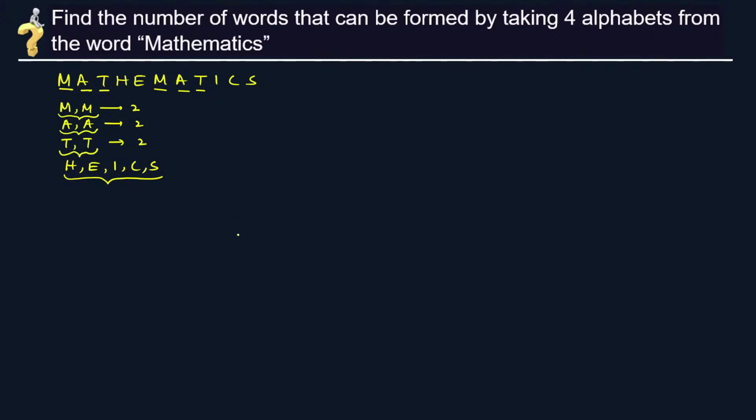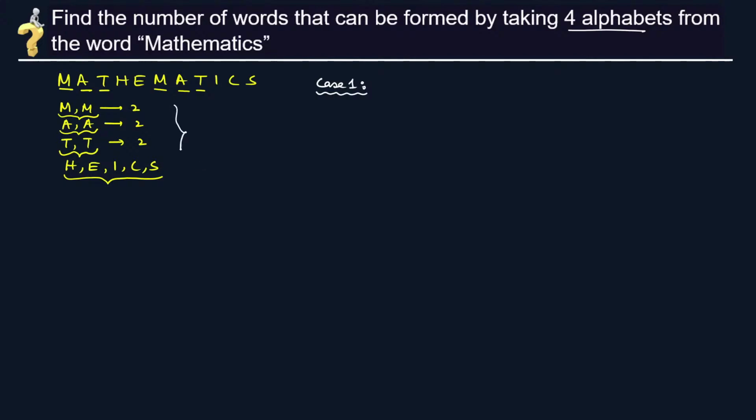Now the question is, in how many different ways can you form words by taking 4 alphabets from this word? Now we have to consider some cases here. Case 1. First you have to select 4 alphabets out of these 11 alphabets which form the word mathematics.